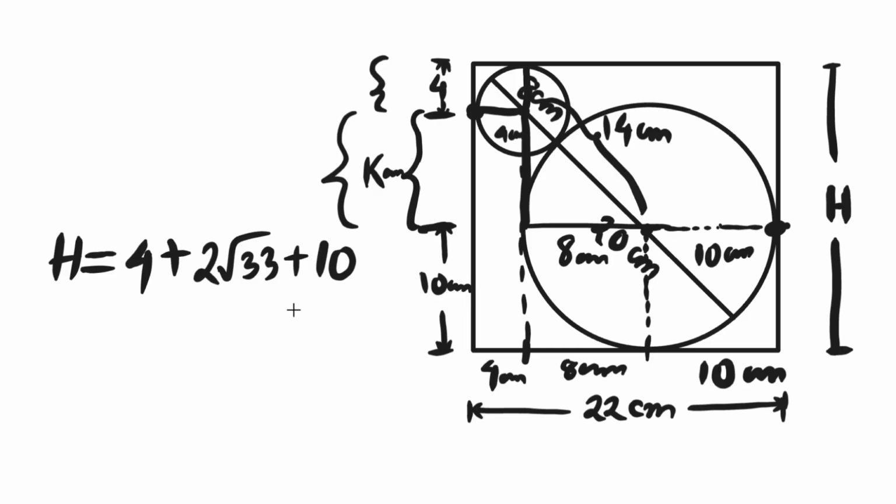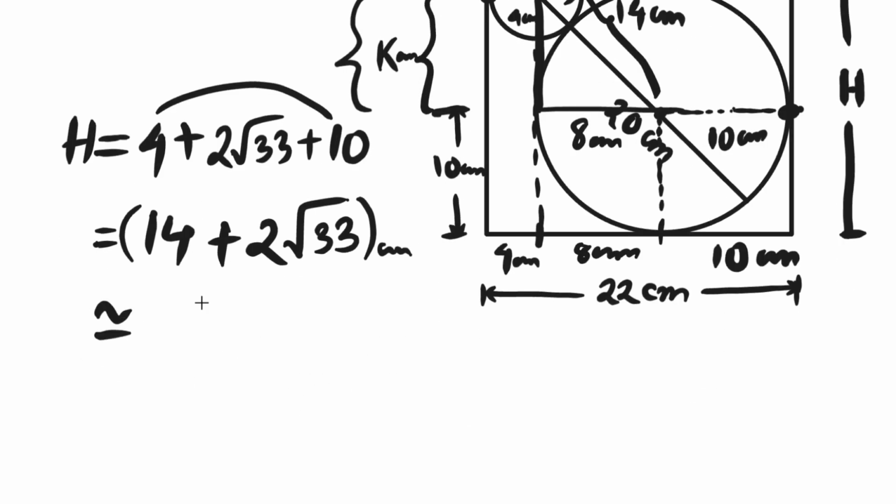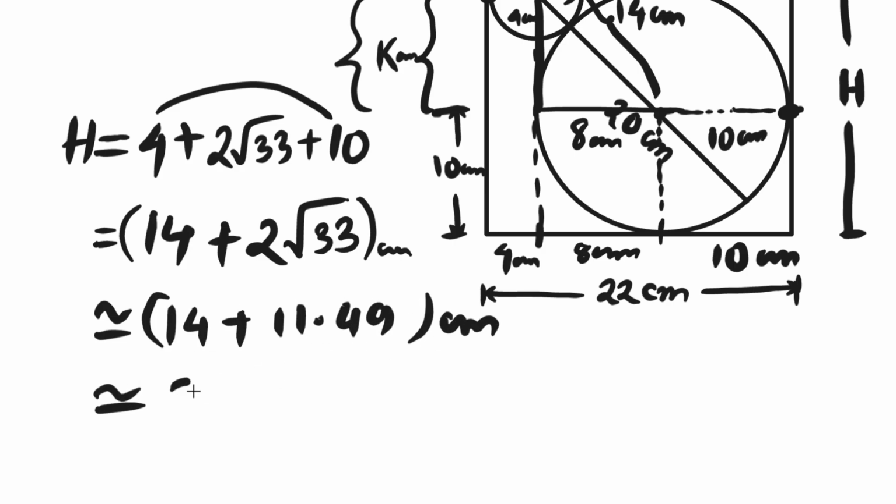So, the total height is 4 plus 2 multiplied by the square root of 33 plus 10. Combining the whole numbers gives us 14 plus 2 multiplied by the square root of 33 centimeters. If we use the decimal approximation, the height becomes 14 plus 11.49, which equals approximately 25.49 centimeters.